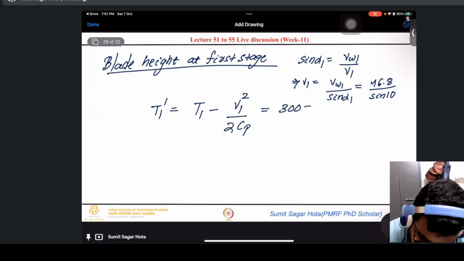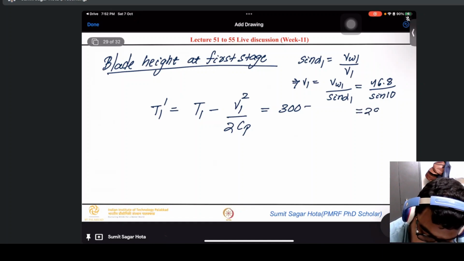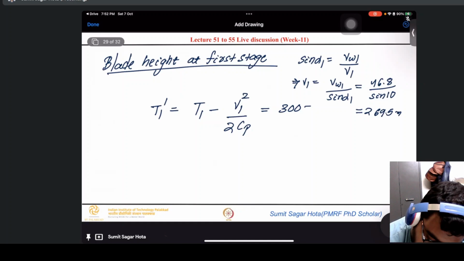Okay, when you do this you will get 269.5 meter per second.